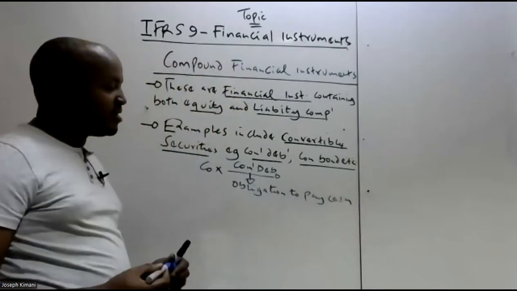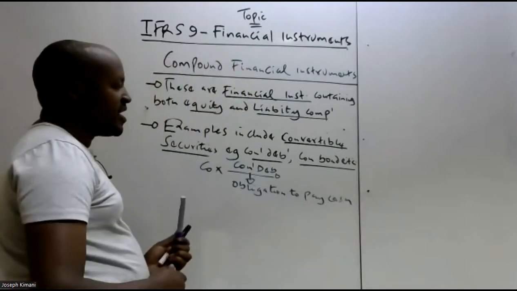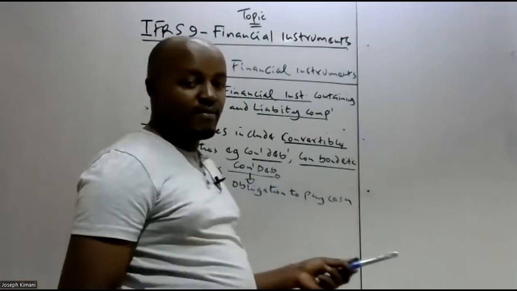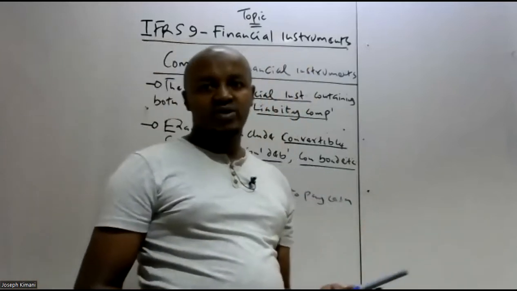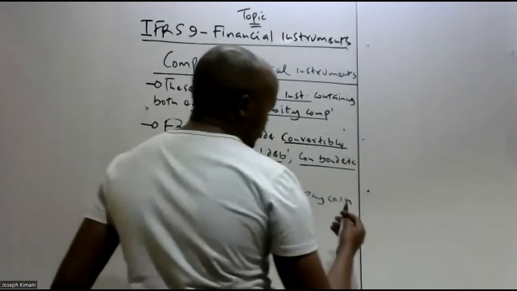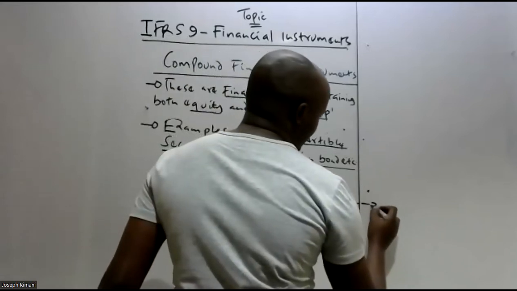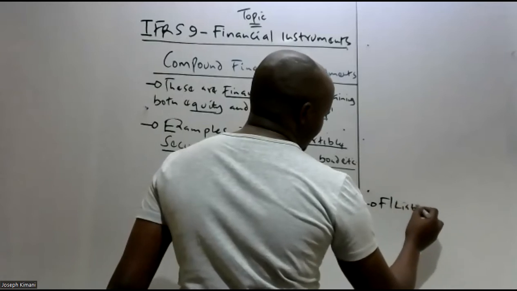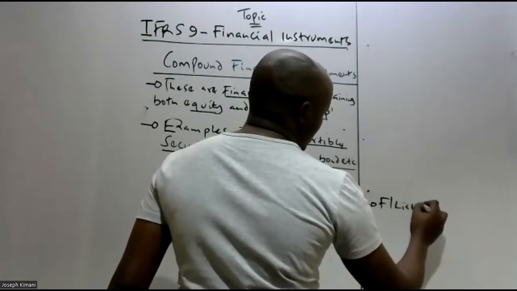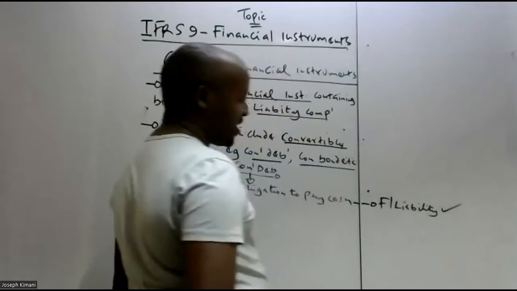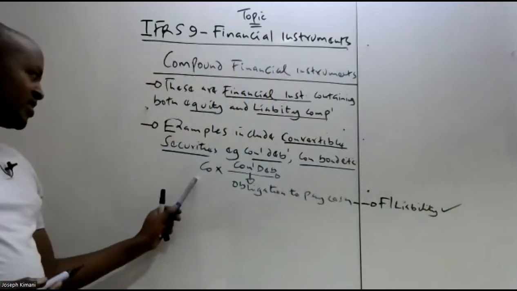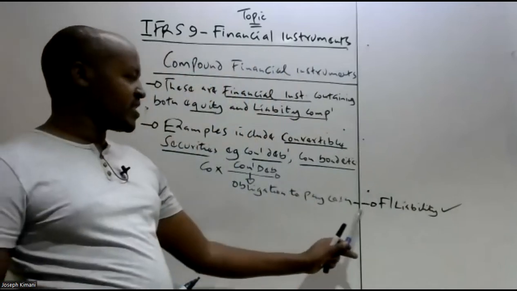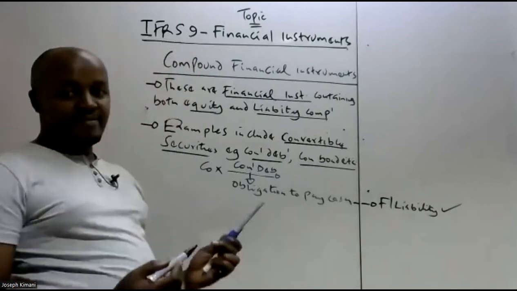The cash to be paid will be in the form of interest and the principal amount. This obligation to pay cash is a form of financial liability. Therefore, as a result of having issued debentures, this gives rise to a financial liability as far as that company is concerned.